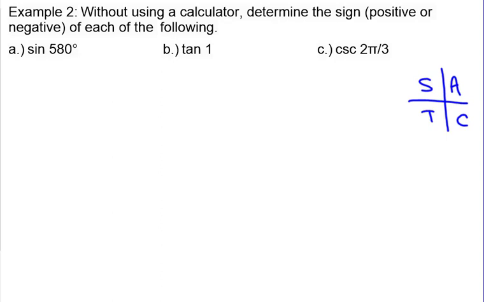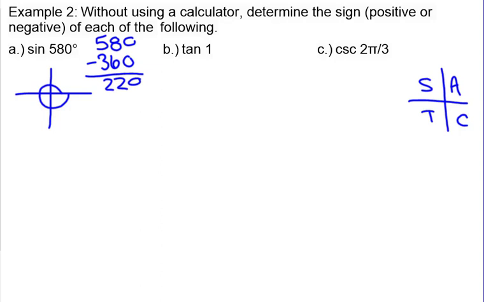So, sine of 580 degrees. If we go around, we've gone 360. So 580 subtract 360 is 220. Well, 220 is going to be about there. So sine in quadrant 3 is negative.